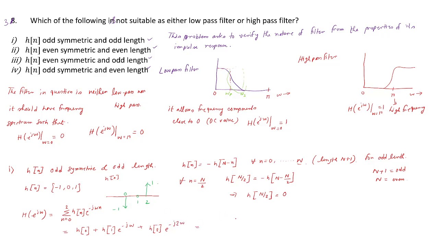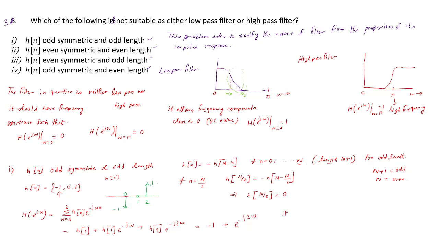Now we put the value of h[0] as minus 1, h[1] as 0, so it vanishes, and h[2] is 1, e to the power minus j2ω.